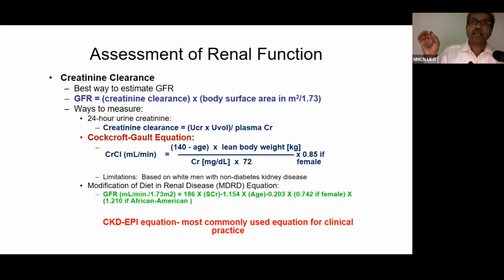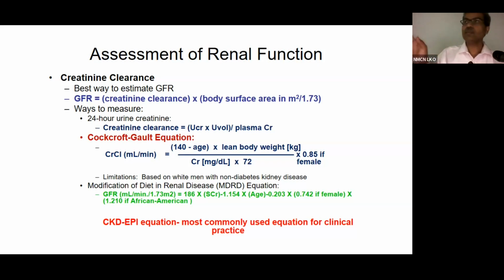Another important formula is the Cockcroft-Gault equation. Particularly, Cockcroft-Gault has so much importance because most of the drug leaflets, when you go back and read about the dose modifications, are based on the Cockcroft-Gault equation. It is very easy to remember, and it is all available online. You can just Google it and see the Cockcroft-Gault equation.